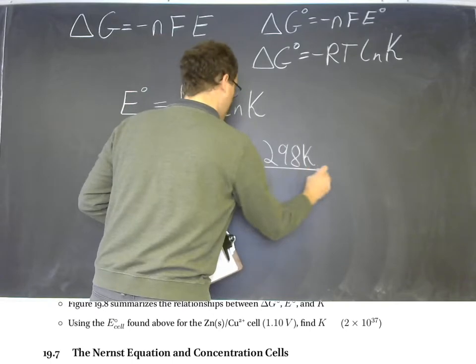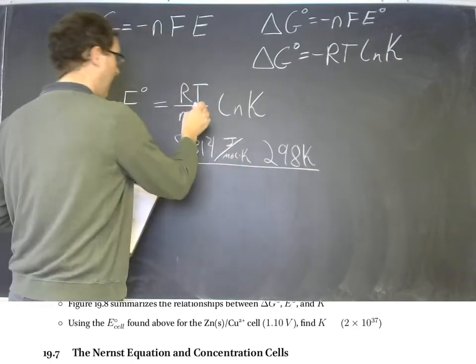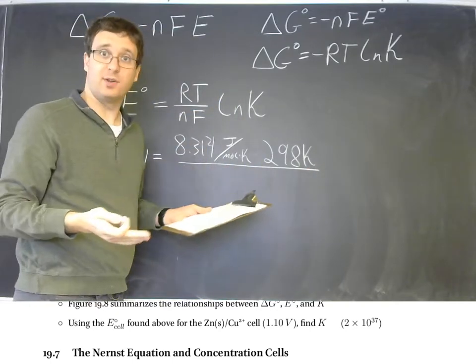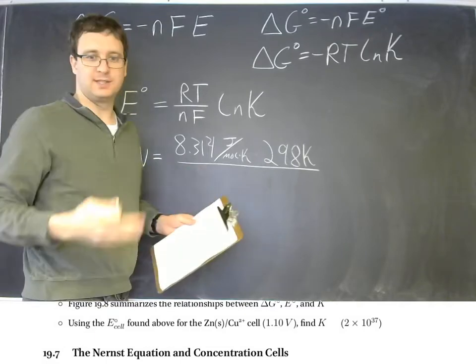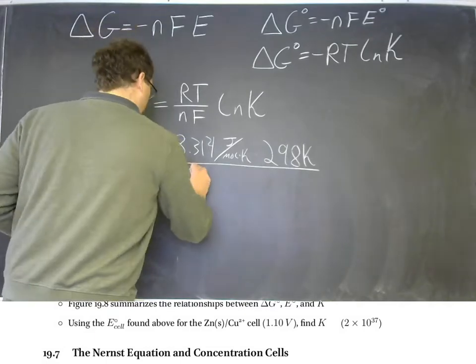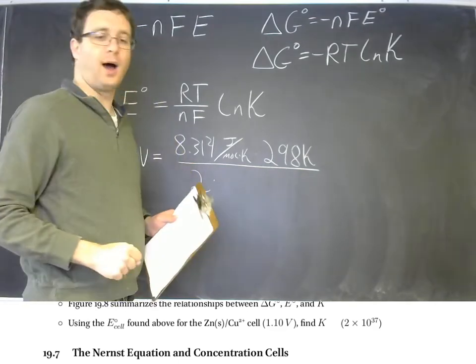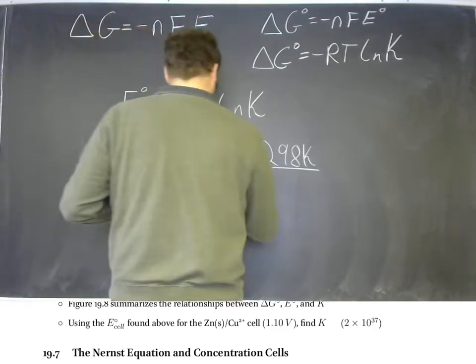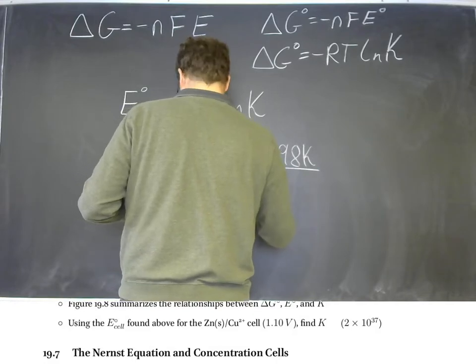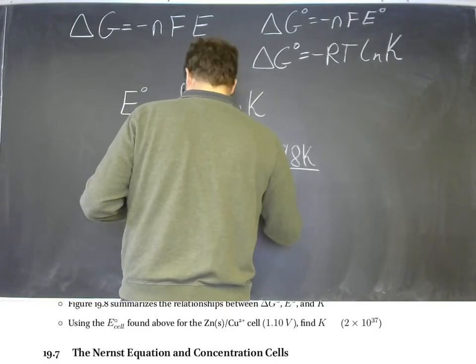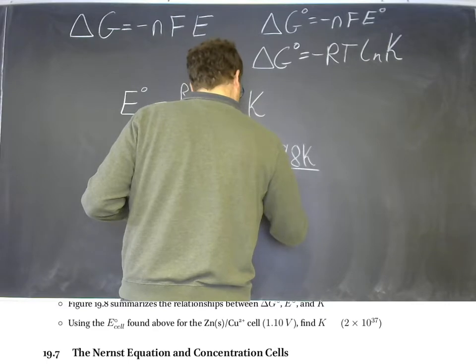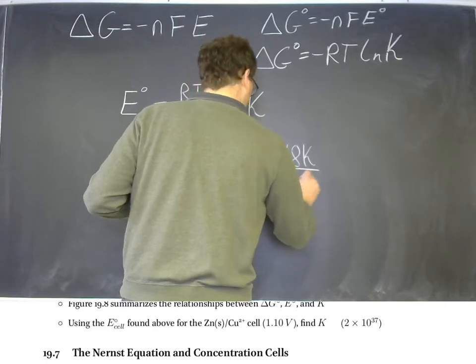over N. Again, that's the number of electrons transferred for our zinc copper cell. That will be 2 moles, or 2 times Faraday's constant, which is 96,485 coulombs per mole.